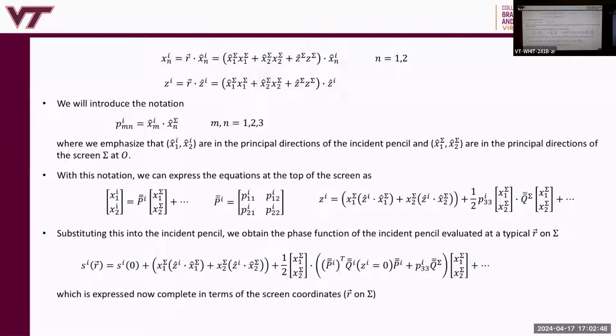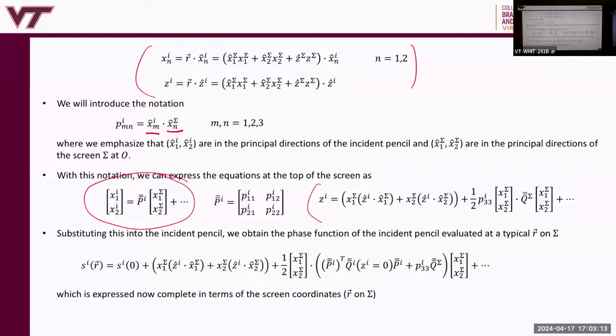Let's introduce this notation. We're doing a bunch of dot products. So x1 sigma dot with xn incident, x2 sigma dot with xn incident. We're going to define this notation, p, a scalar, mni, as xm incident dot with xn sigma. So we can write this compactly as this, right?